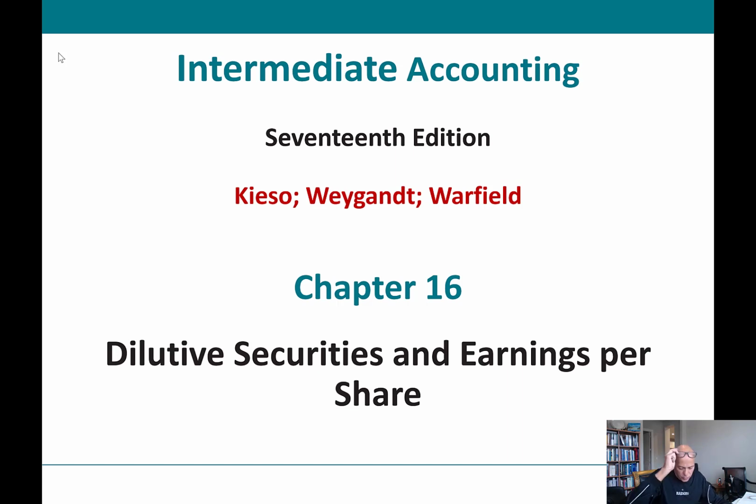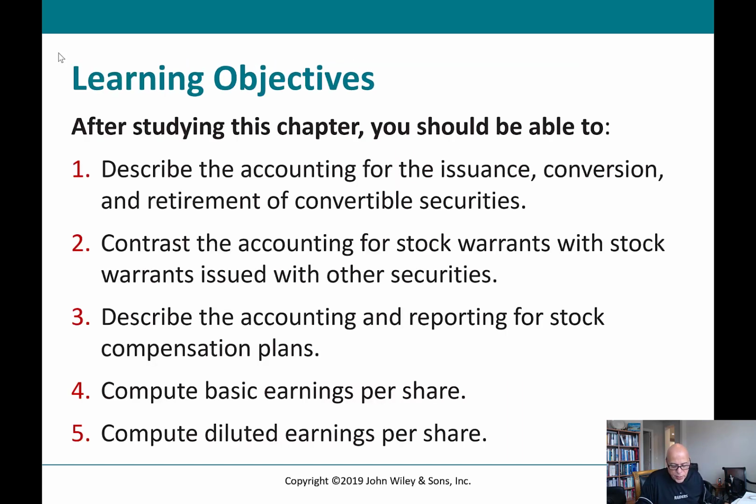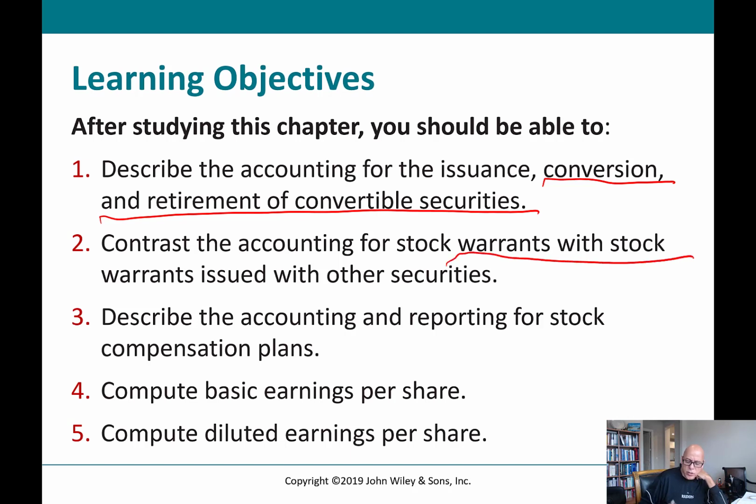So with that as an introduction, we'll talk about accounting for the conversion of stock, either convertible bonds or convertible preferred shares, into common shares. I didn't mention in the introduction that there are also warrants for stock.